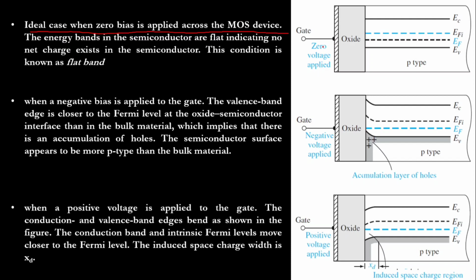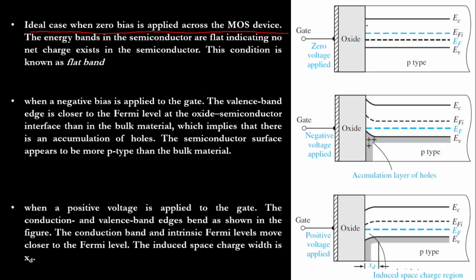You should remember the concept which I explained in the previous video. Zero bias is applied to the MOS device. Once all the materials are brought together, a metal oxide semiconductor junction is created, and no voltage is applied.